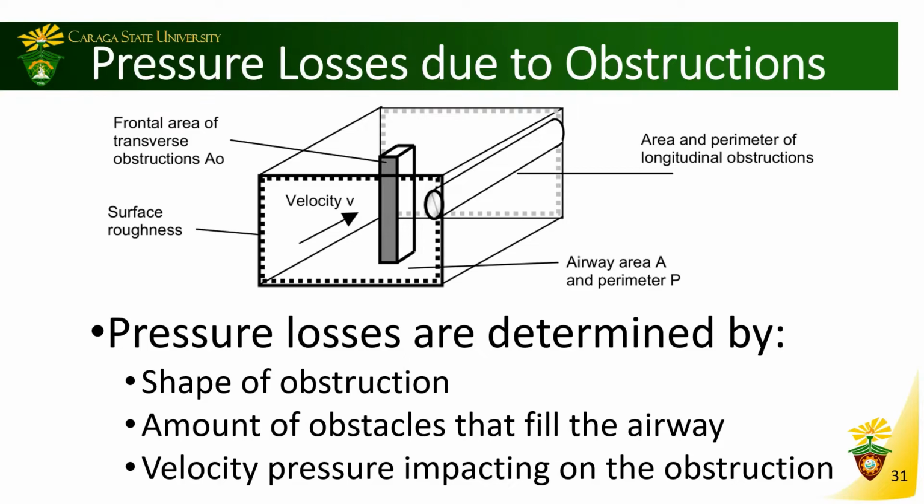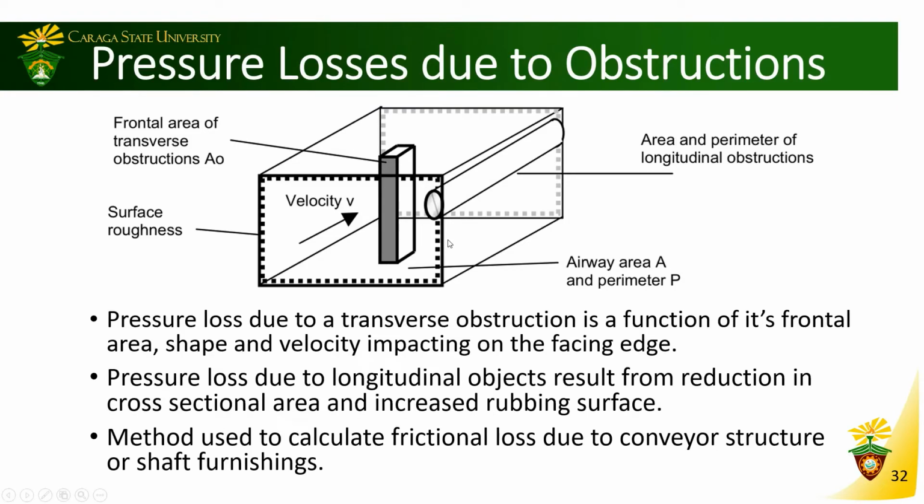Pressure losses are determined by the shape of the obstruction, the amount of obstacles that fill the airway, and also the velocity pressure impacting on the obstruction. Pressure loss due to a transverse obstruction is a function of its frontal area, shape, and velocity impacting on the facing edge. Like this, for example.